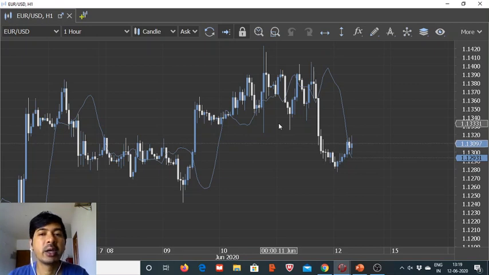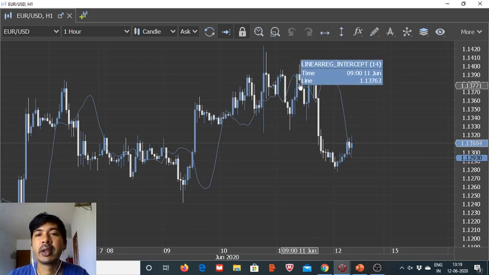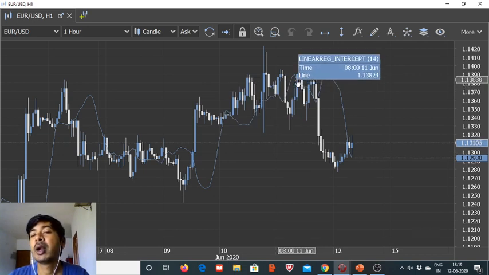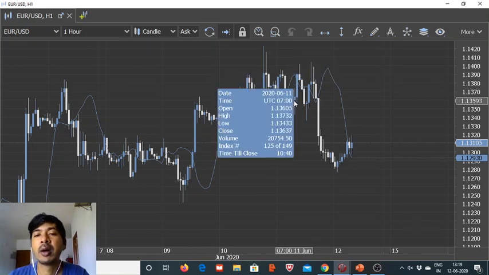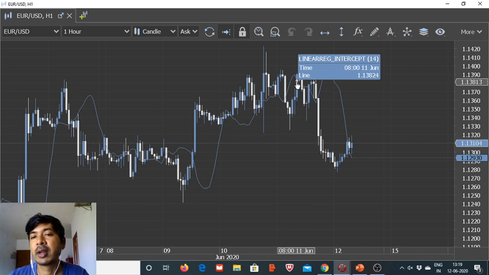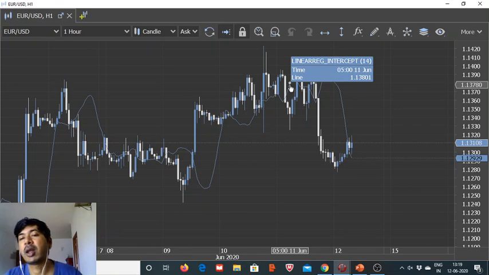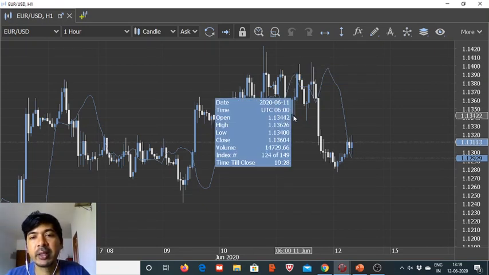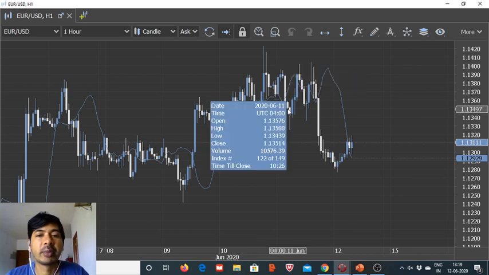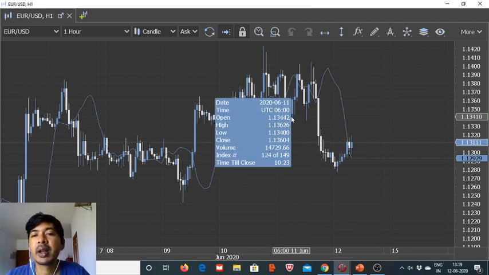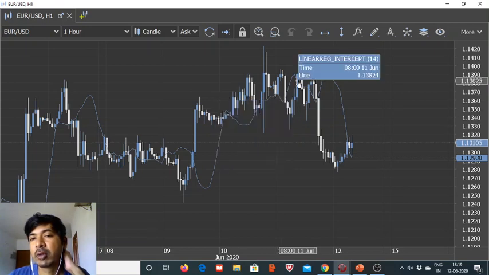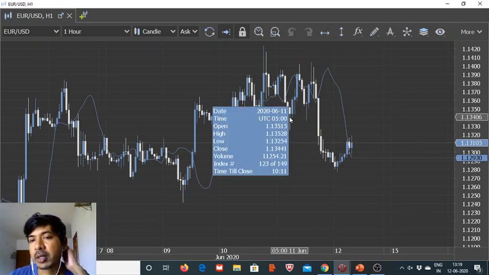So what we are doing is that we want the last candle to have just closed above the linear regression intercept on the hourly time frame, but the prior 4 candles, the candles before the last candle, should have closed below this linear regression intercept, and that will mean that there has been a fair bit of correction, and after the due correction, the underlying instrument is again getting fresh momentum on the upside, and that is why it is rising up and crossing above the linear regression intercept after undergoing the corrective phase.